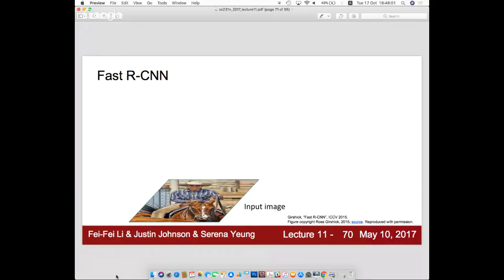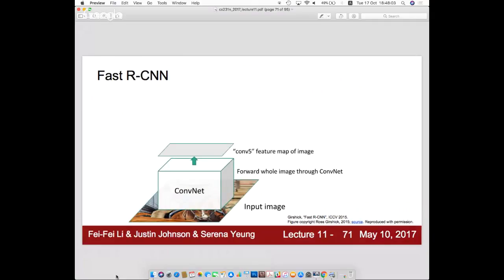In Fast RCNN, it goes through the same thing as SPPNet. Through the convolution once, then you take the regions of interest. Regions of interest are projected onto the conv5 feature map of the image.